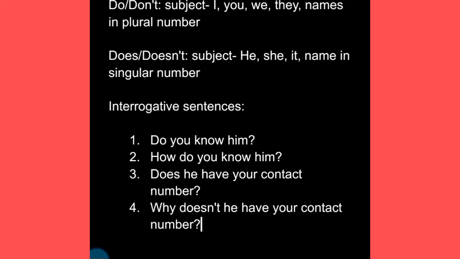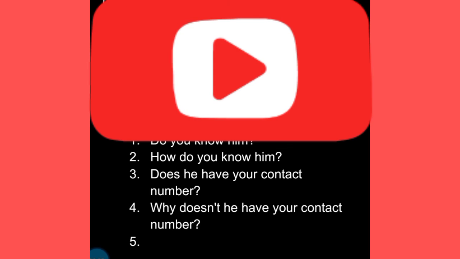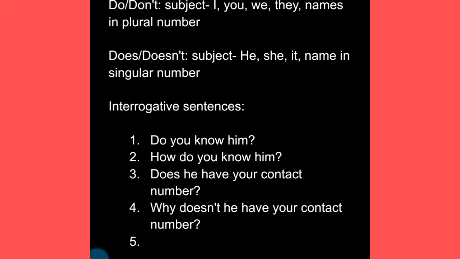So when we have sentences like these, we have to make proper use of do and does.